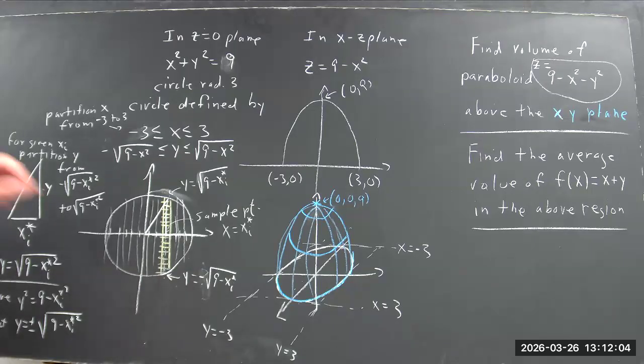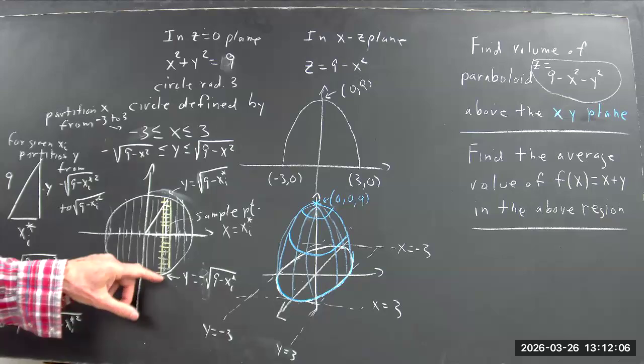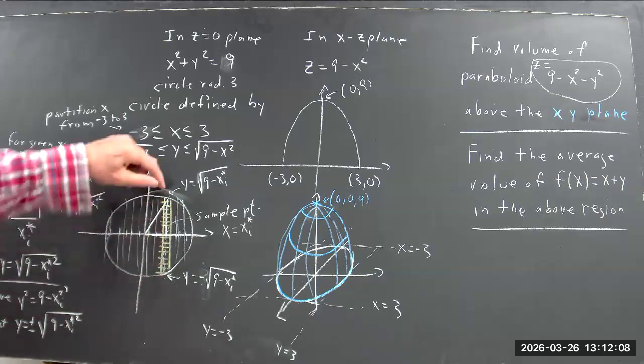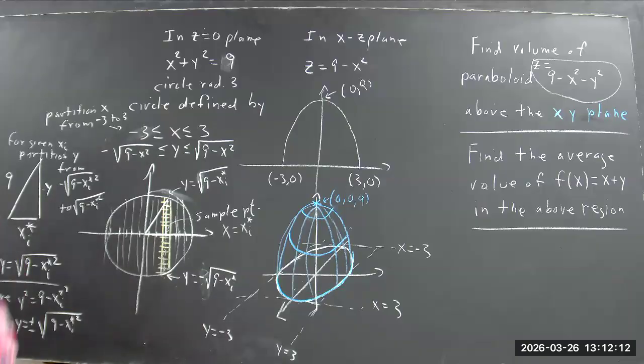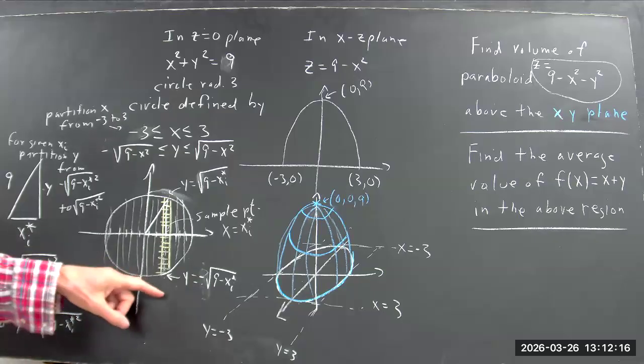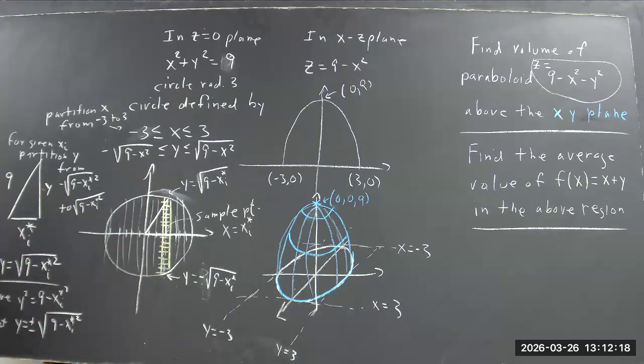We partition all the y values from here to here, wherever that xi value, the line where xi is constant, hits the circle, we partition it.